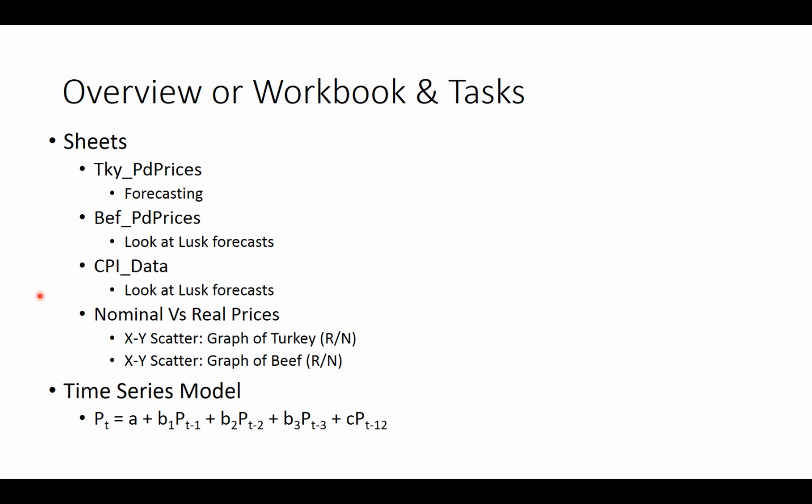One of the things we will do is build a time series model just like the one from lecture this week and from chapter 7 of Norwood and Lusk, where we predict the current period's price using 1 to 3 months of lags and then a seasonal factor, this T minus 12.